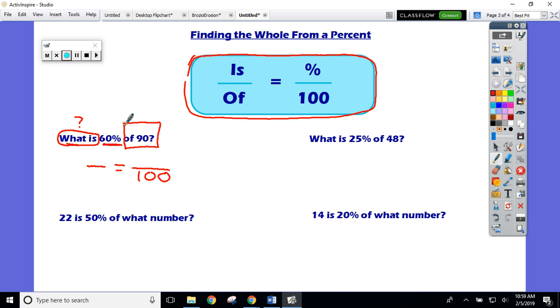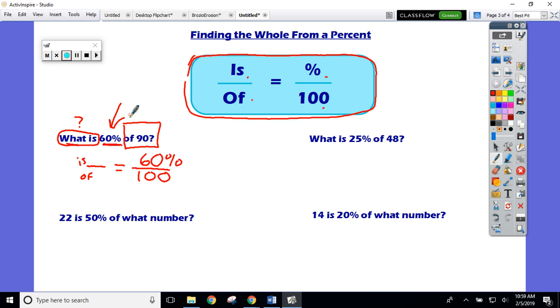So I need to fill in the sections of this equation, for the is, for the of, and for the percent, because is over of equals percent over 100. Easily I can put a 60 here because I'm looking at 60%, so I put 60 in the percent part of the proportion.